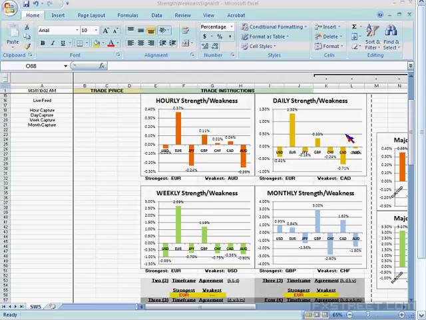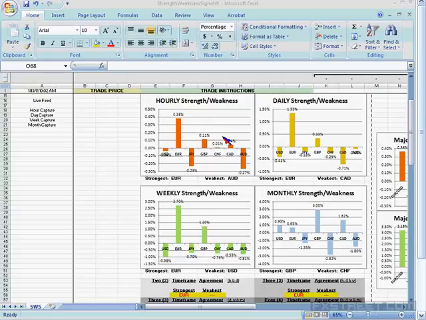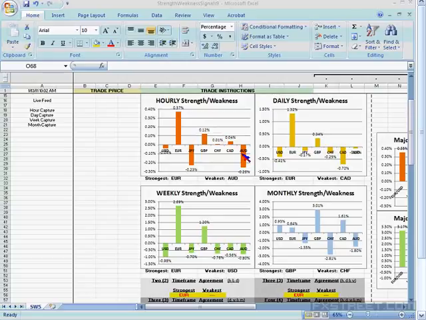This is the hourly strength and weakness up here, then daily over here, weekly, and then monthly. Basically, this is telling you there has been agreement on multiple time frames that the euro has been strong within the last hour, the last day, the last week, as well as this last month, which is basically January, since the end of last year.